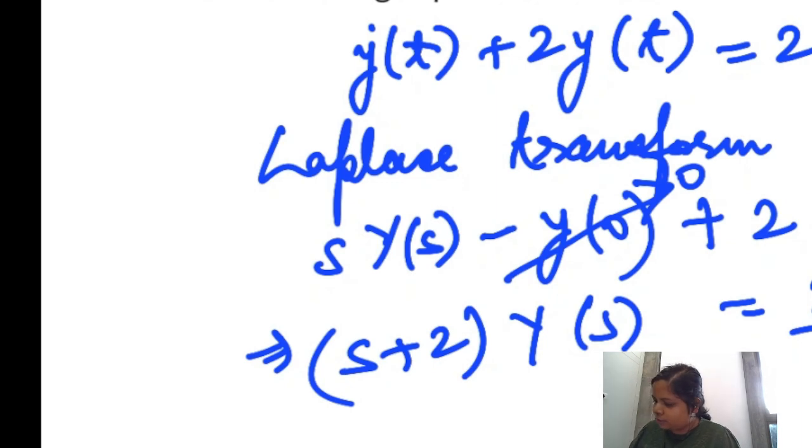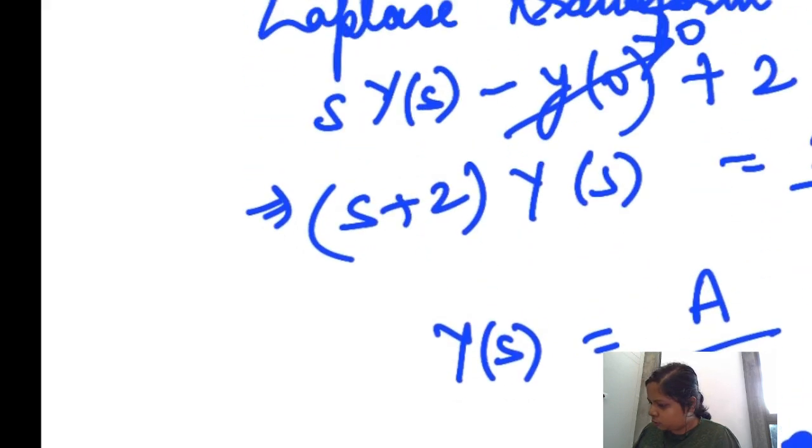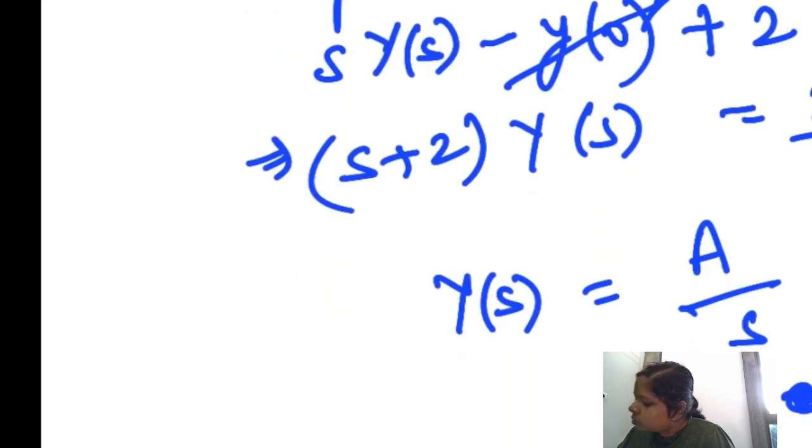What you really do here is, I don't have an extra page here, okay. You take 2 upon s into (s plus 2) is equal to A upon s plus B upon s plus 2. Now just solve this.